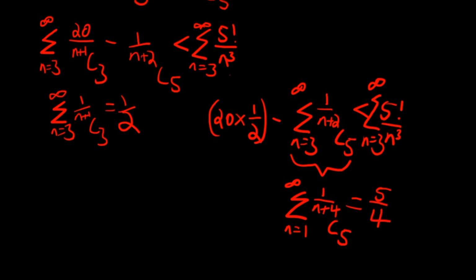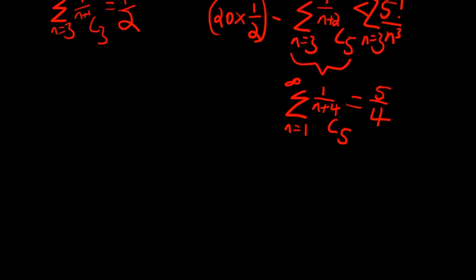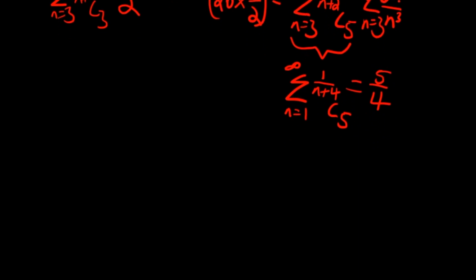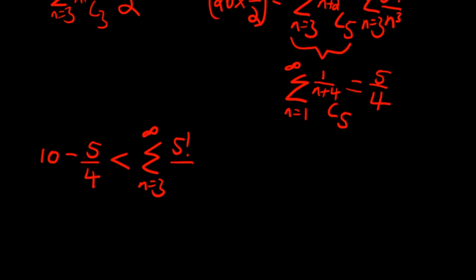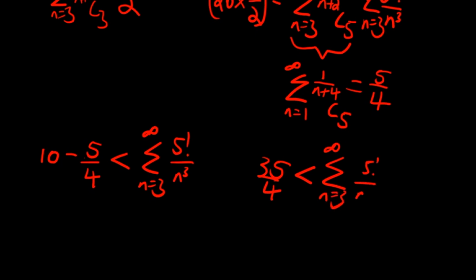So, if I scroll down again, what we have now is 20 times half, which is 10, minus 5 over 4 is less than the sum from n equals 3 to infinity of 5 factorial over n cubed. And if we simplify the left-hand side, that'll give us 35 over 4 is less than the sum from n equals 3 to infinity of 5 factorial over n cubed.